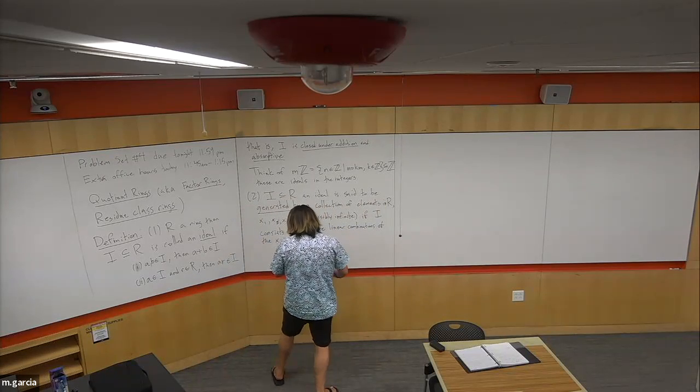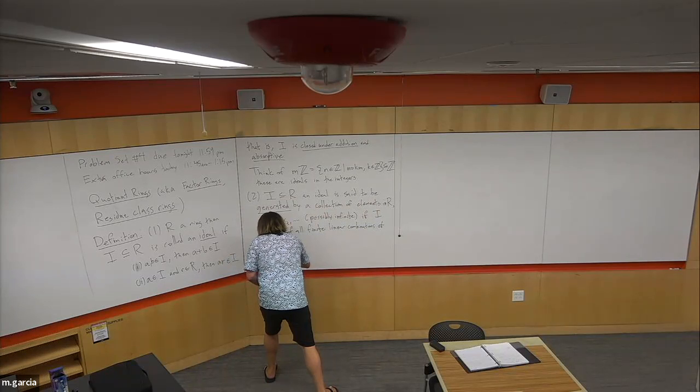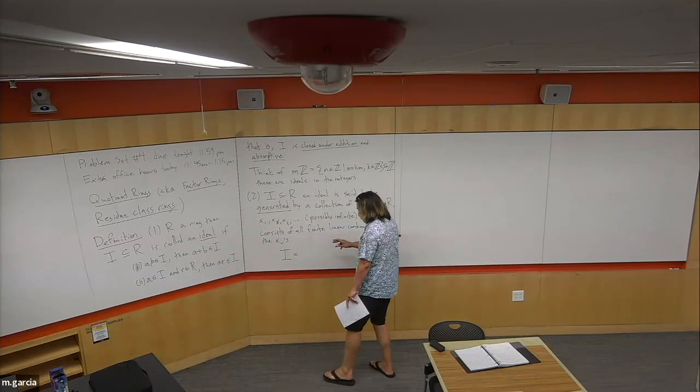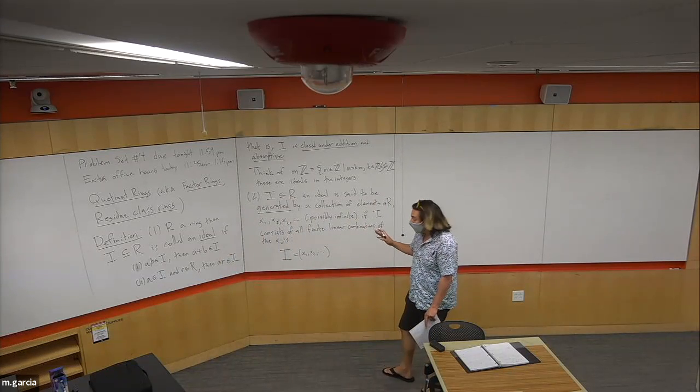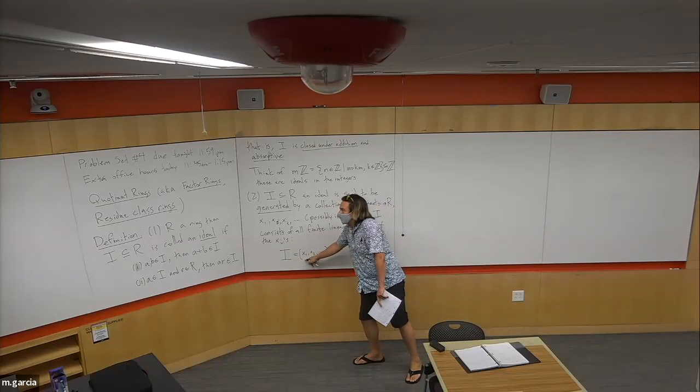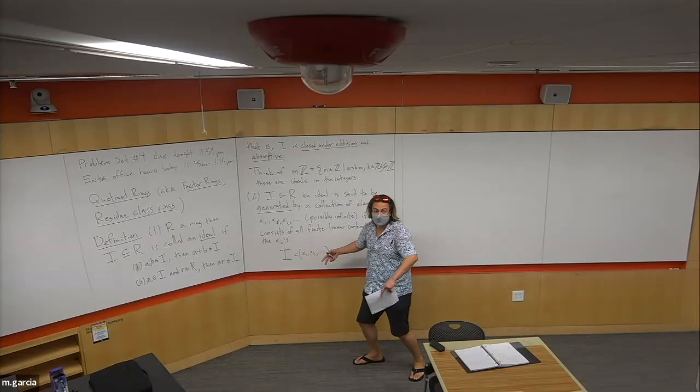That is to say, I is equal to what we write. This is just a piece of notation first. Just in parentheses, we'll say x1, comma, x2, comma, all the way up to however many x's there are. This, a list separated by commas in parentheses, means an ideal generated by this list.